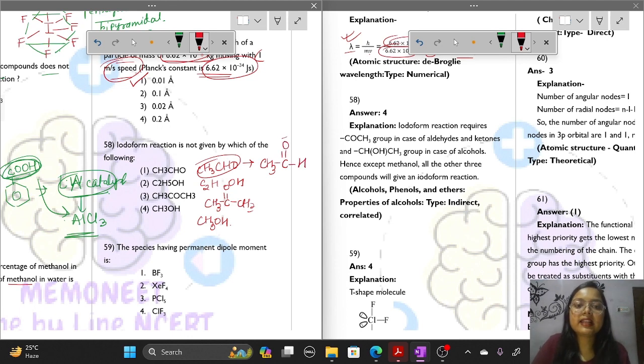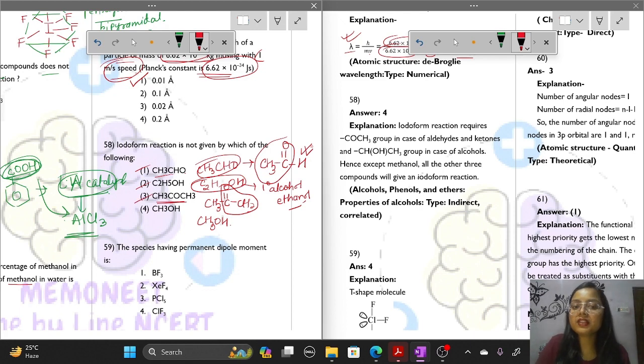The compounds, the aldehyde which have a CH3CO group, give the iodoform reaction. Ethanol is the only primary alcohol which gives the iodoform test. So this also gives iodoform test, and acetaldehyde also gives iodoform test. Next is ketone. So ketone also has this COCH3 group here. It also gives iodoform test.